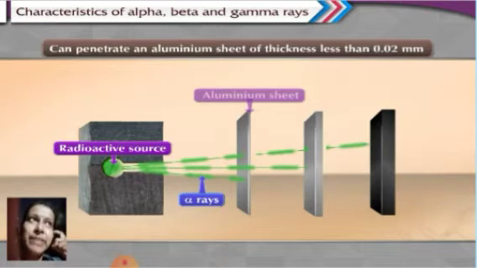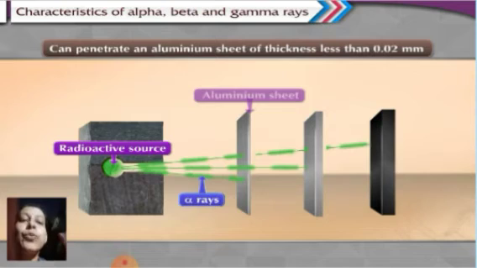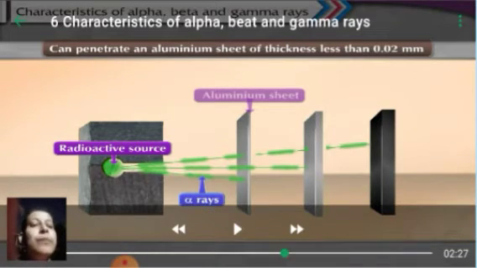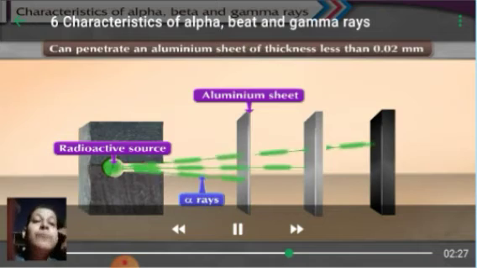A millimeter, if you see on a ruler, is very small compared to a centimeter; a tenth part of a centimeter is called a millimeter, and 0.02 means you are dividing it still 100 times. That much thickness only alpha particles can penetrate, whereas the beta rays can penetrate up to 2 millimeters.